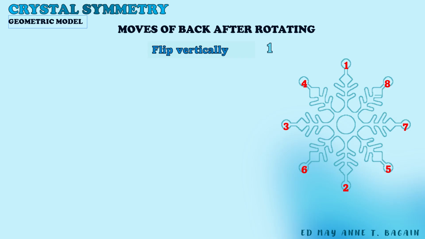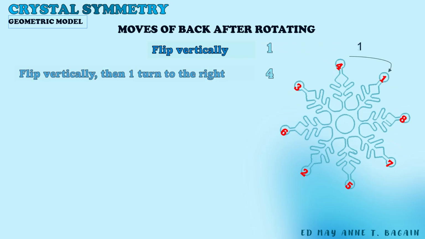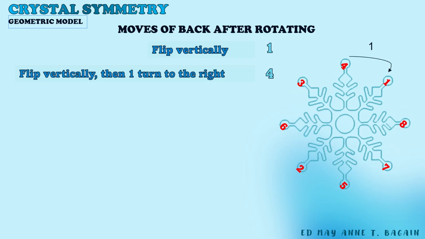Okay, and then next we have flip vertically, then 1 turn to the right. Looking at the 1, we turn 1 turn to the right, so we turn clockwise 1 time. From 1 to 4, we turned 1 time. That is why we have flip vertically, then 1 turn to the right.